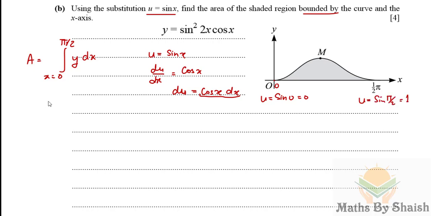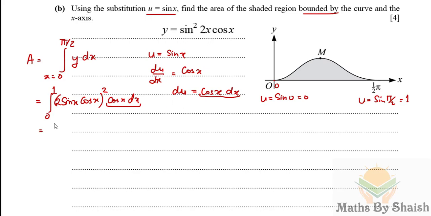So this area we can represent as 0 to 1, and y I'm going to write once. It is going to be sine square 2x, so we can write it as 2 times sine x cos x whole square and cos x dx. So we are going to substitute this cos x dx as du.